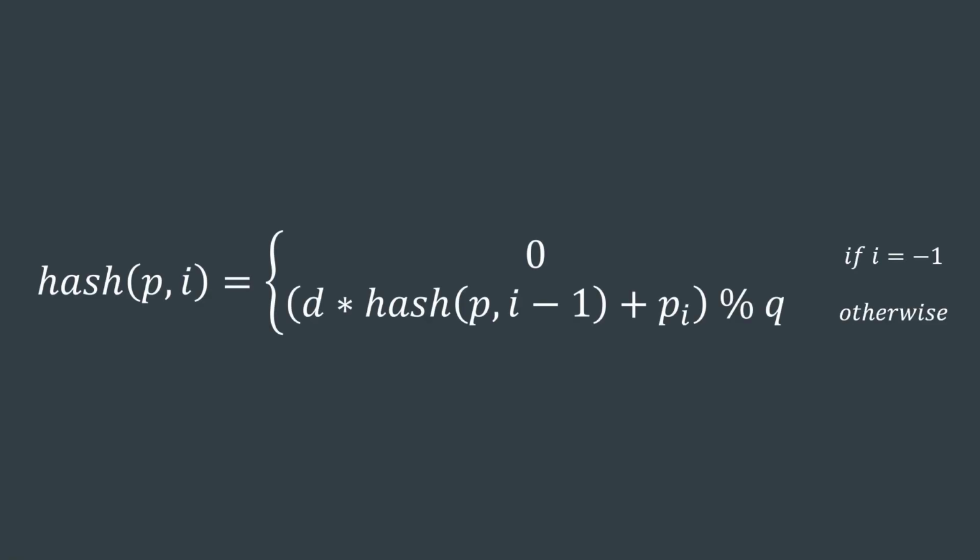Hashing characters of p until index i is equal to 0 if i is minus 1, it means we finished hashing, and d times hash of i minus 1 plus pi, all that modulo q, else. Okay, now we know how to hash while avoiding overflow. We use what we made now to hash p and the first m characters of s.